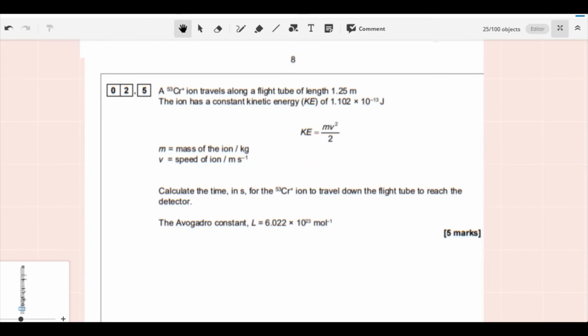Okay, now the next question is 2.5. Here a chromium ion of mass number 53 travels along a flight tube of length 1.25 meters.